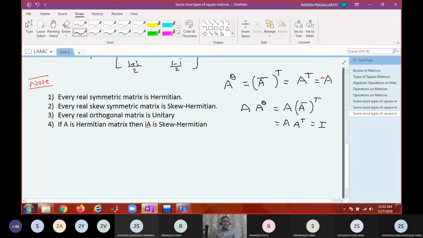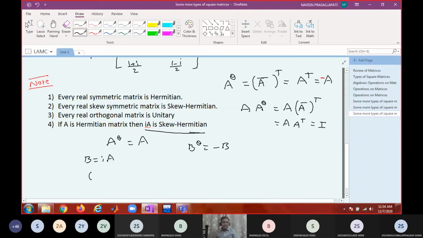I'm assuming that A is a Hermitian matrix. What do you mean by Hermitian matrix? A^θ equal to A. So I'm claiming that iA is skew Hermitian. Let us for the time being call B as iA. If I want to say that B is skew Hermitian, B^θ must be equal to minus B. Am I right?